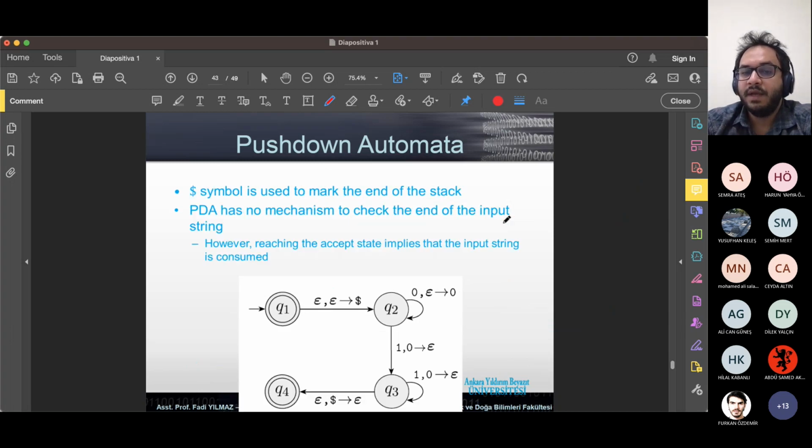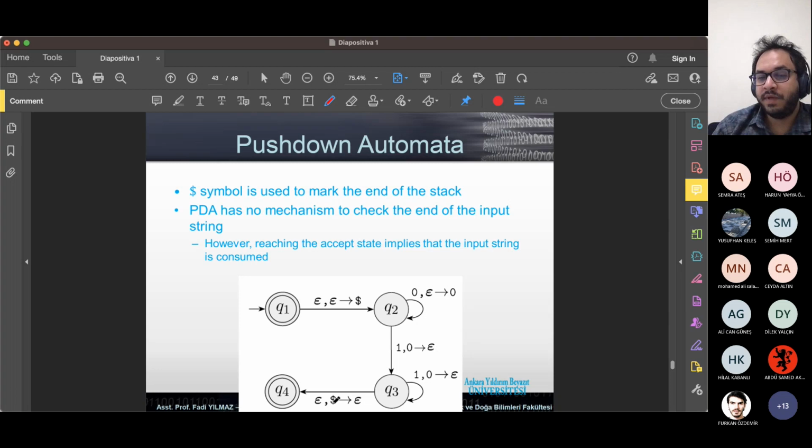Okay, guys. Here's an example, the same example. It says that the dollar sign symbol is used to mark the end of the stack because we don't have any mechanism to check the end of the stack. We can't check whether the stack is ending or not.